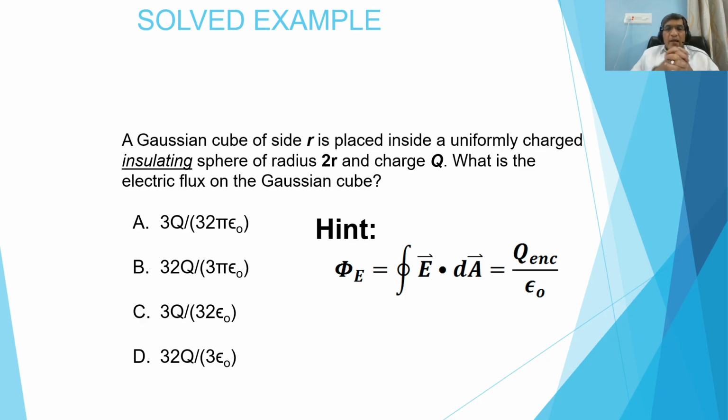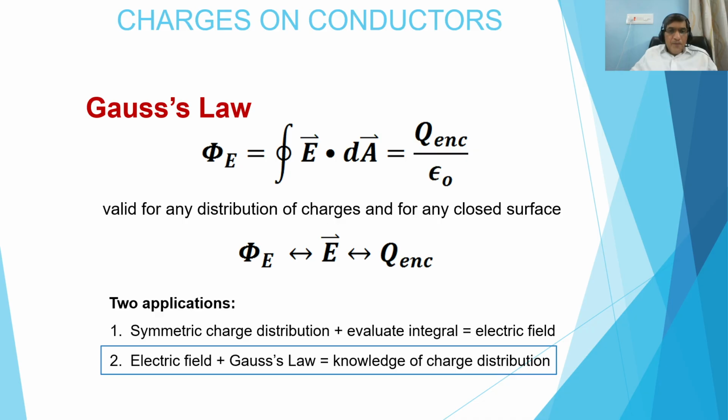Basically, we have to apply the formula for flux, phi E equals the integral of E dot dA equals Q enclosed upon epsilon naught, and by applying very simple calculation you are in a position to find the answer. I think you should do this question by yourself so that you may understand it in a better way.